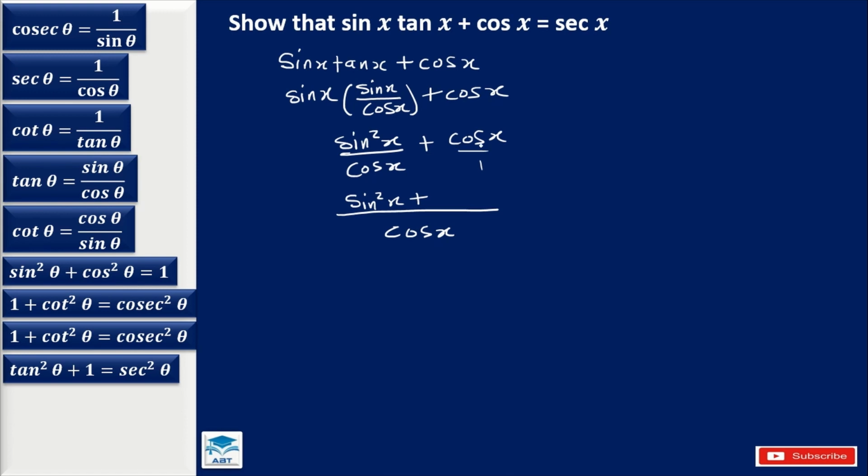Cos x times cos x is cos square x. But sine square x plus cos square x is equal to 1. So we have 1 here divided by cos x. And 1 divided by cos x is sec x.